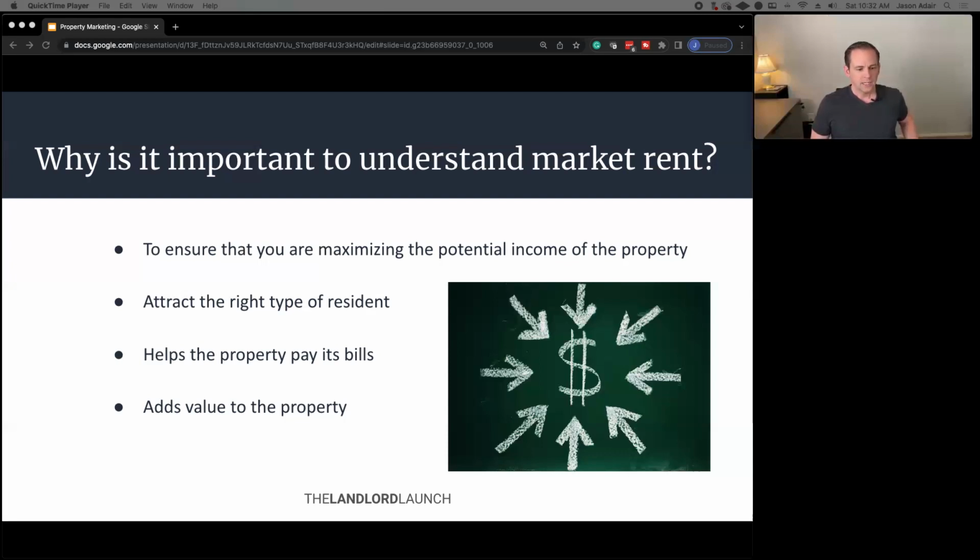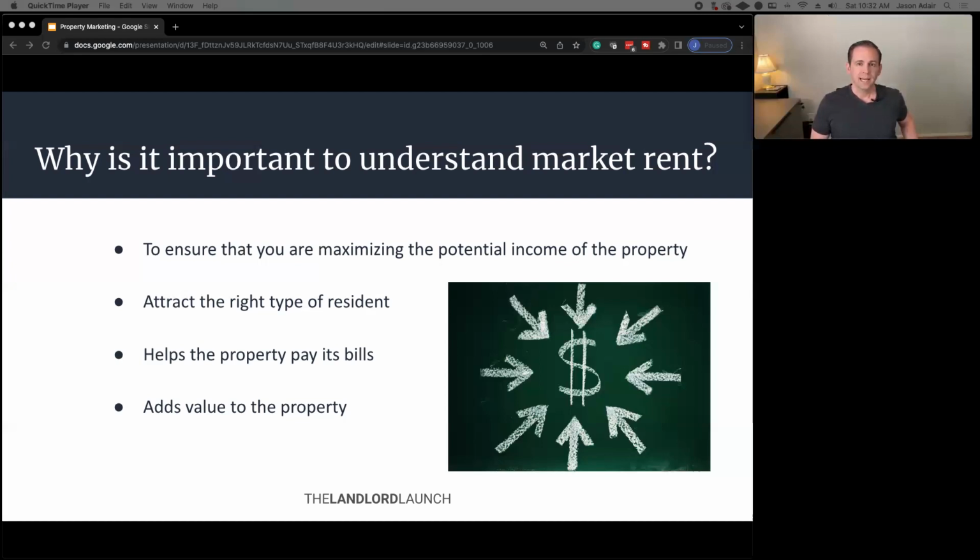Another thing it does when we have that market rent in place is reduce vacancy, allowing us to get it rented quickly and find somebody that's able to pay rent, and therefore we are able to pay our bills, whether it be our mortgage, taxes, insurance, or utilities. If we're doing that, it allows us to pay our side of things.